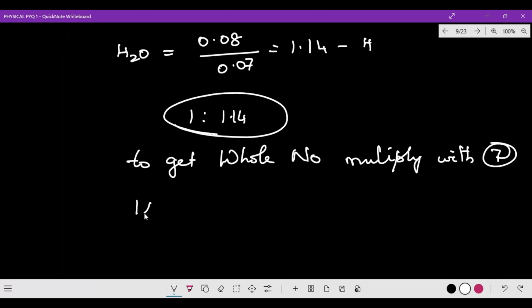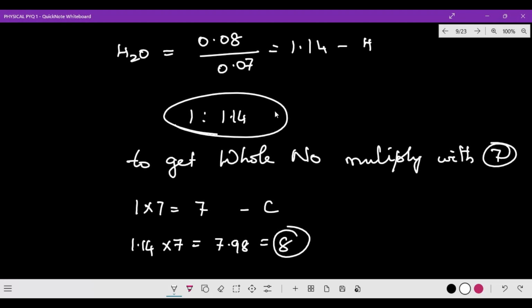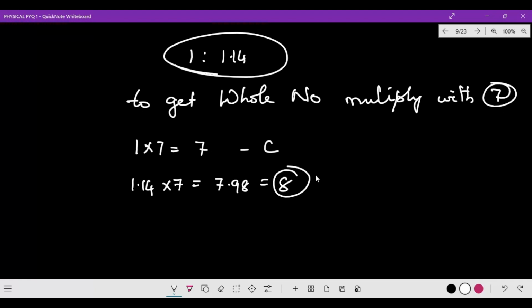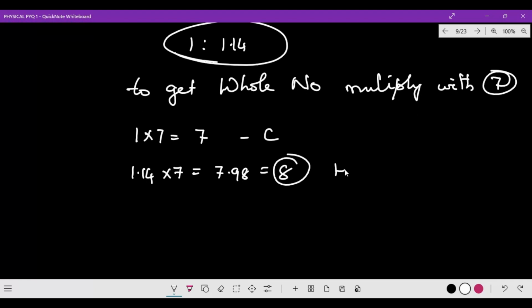So 1 into 7 gives 7, so carbon is 7. Hydrogen is 1.14 into 7, so you will get around 7.98, which is altogether 8. You could have directly identified 7 and 8, but we still want a whole number. So hydrogen is 8 and carbon is 7.